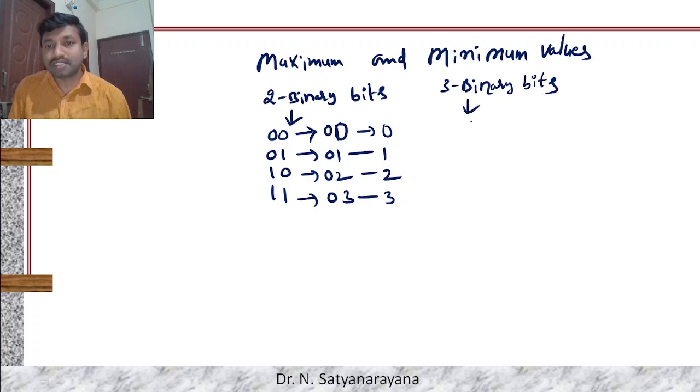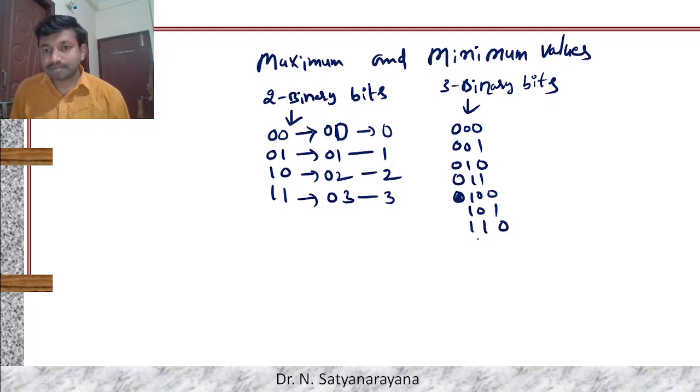What are the combinations of three binary bits? 000, 001, 010, 011, 100, 101, 110, and 111. The decimal equivalents are 0, 1, 2, 3, 4, 5, 6, and the last one is 7.